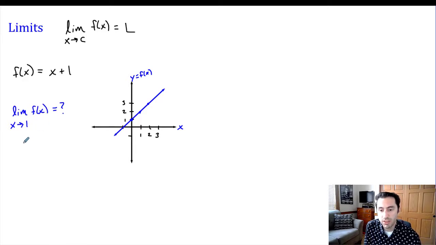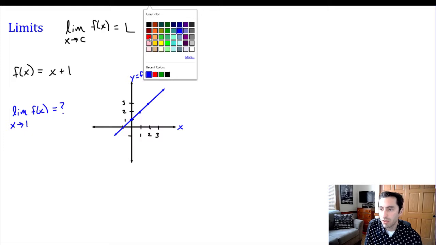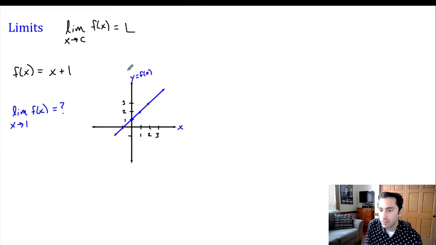And that question is, as my x values are getting closer and closer to 1, what's happening to our y values? So in other words, on our graph, as we move along the x-axis and approach this x value of 1, what's happening to these y values? Where's our graph going?